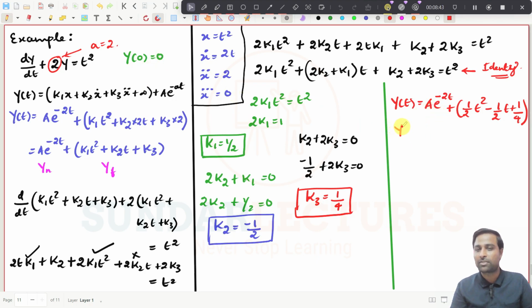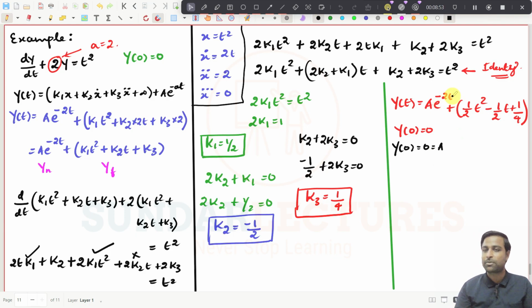So y of 0 is what here? Y of 0 is equal to 0. So you substitute 0 here. If you substitute 0 here, this term becomes 1, so you will get a, plus this term becomes 0, this term becomes 0, and you will get 1 by 4. A plus 1 by 4 is equal to 0, and what you will get, a is equal to minus 1 by 4. This is the value.